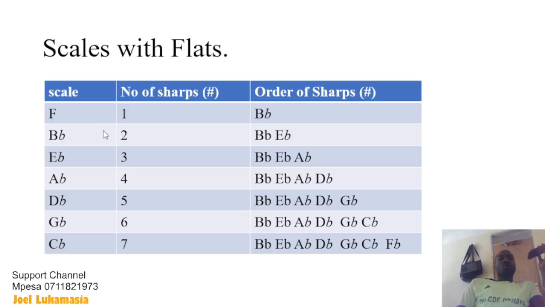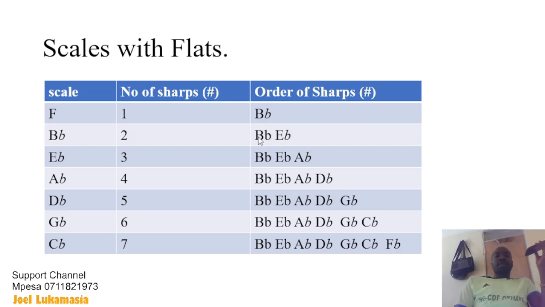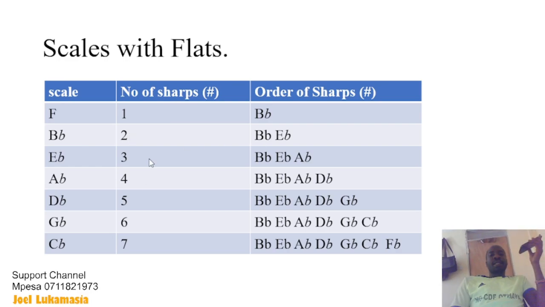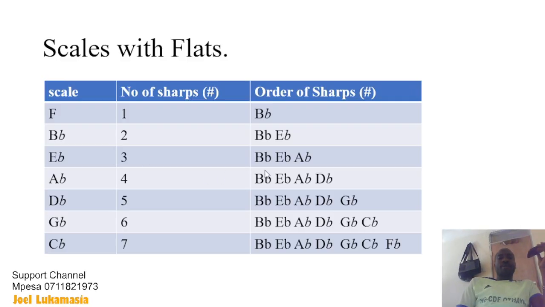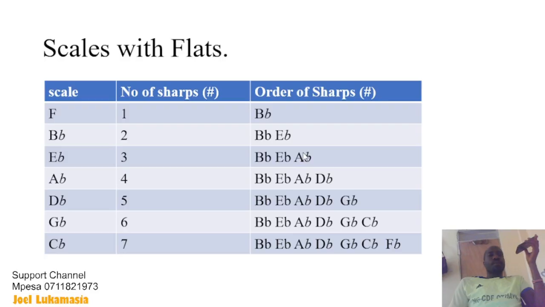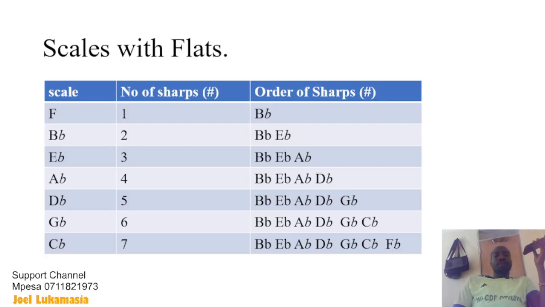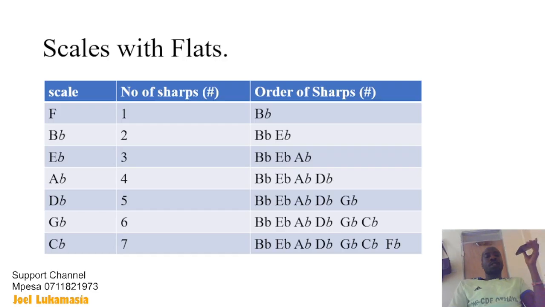B flat has two flats, that is B flat and E flat. Then E flat has three, that is B flat, E flat, and A flat, and so on. So you can use this table to construct your scales with flats easily.